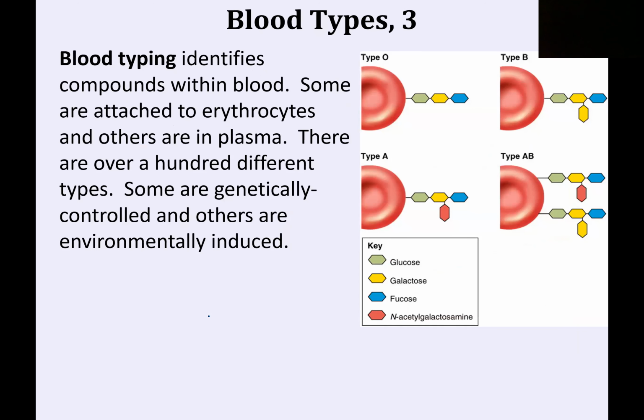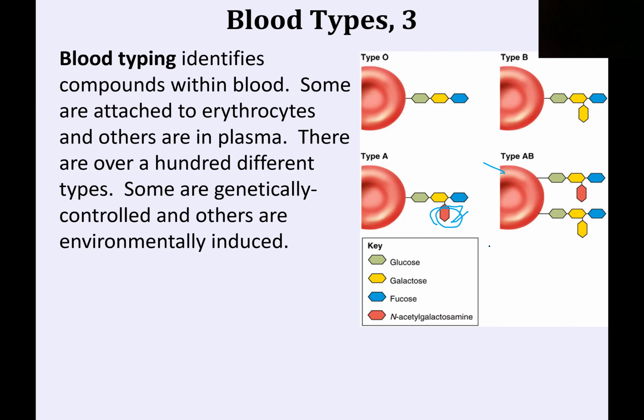Blood types are identified compounds within blood. So it's a way of chemically analyzing blood. Some of these compounds are attached to erythrocytes, like we see with the agglutinogens here. Others are floating around in the plasma.